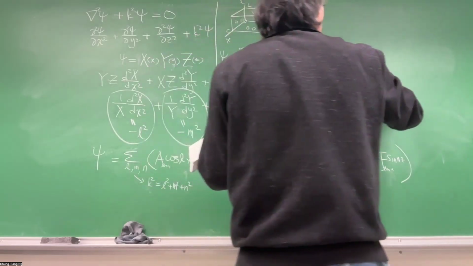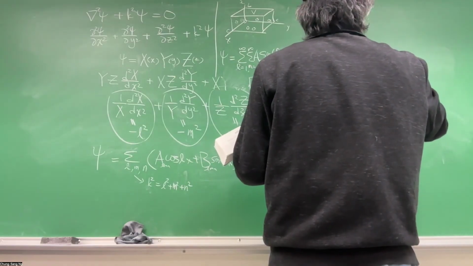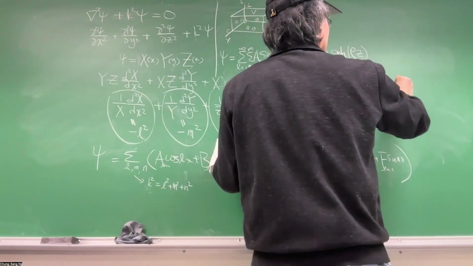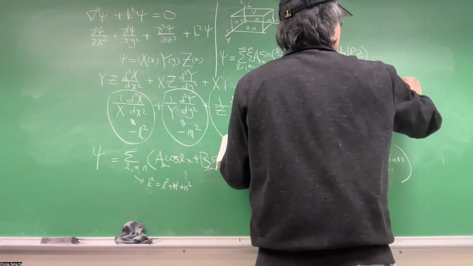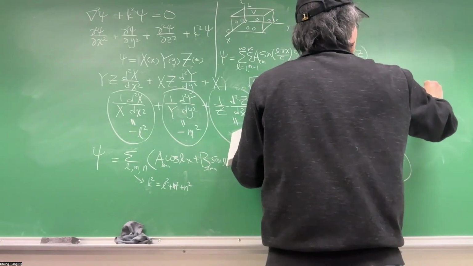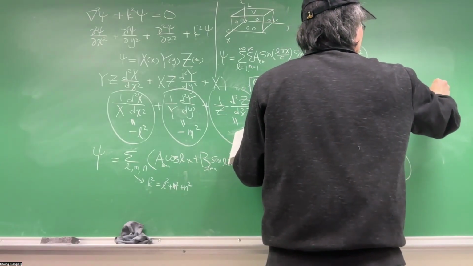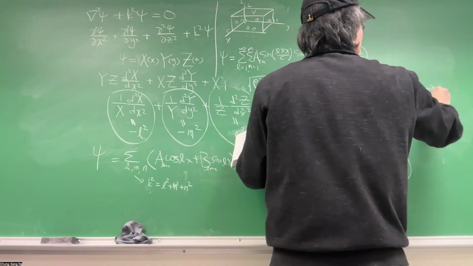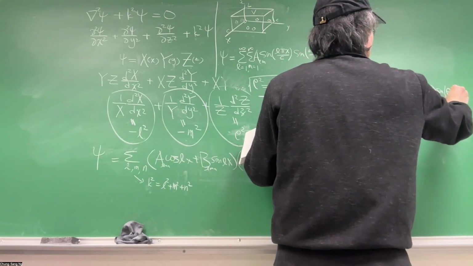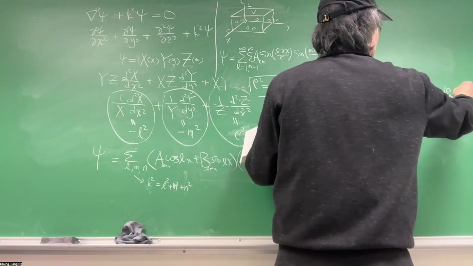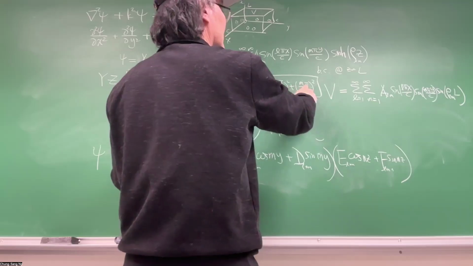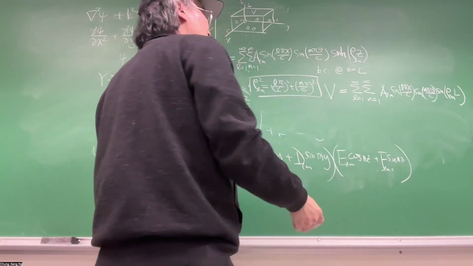And then you have A, L, M, get outside, sine L pi x over C, sine M pi y over C, and then sinh rho LM times C. And rho LM is given by this one, so it depends on L and M.